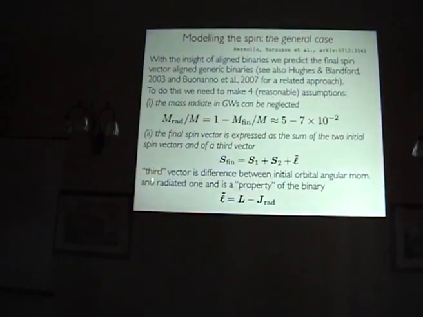Now, this is the third vector. If you just rewrite this in terms of angular momentum conservation, at the end you have the final spin plus what you've lost, and at the beginning you have the 2 spins plus the orbital angular momentum. So L tilde is nothing else but the difference between the orbital angular momentum and all the radiated part. Okay? So essentially, L tilde is what you cannot lose. Okay?